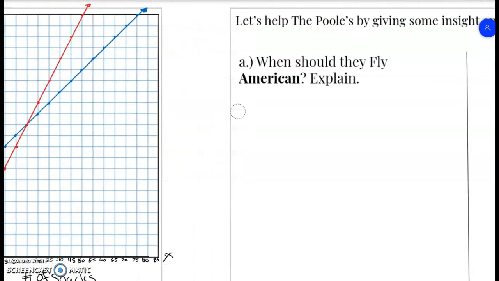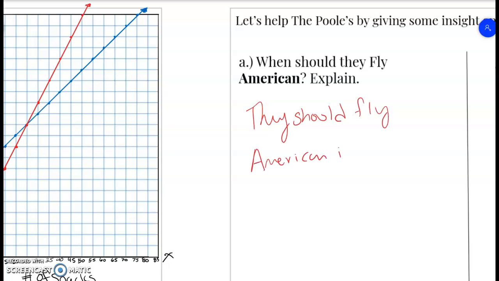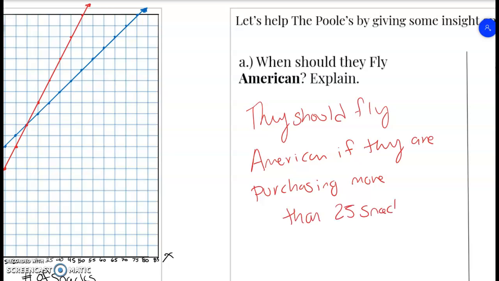So you should say they should fly American if they are purchasing more than 25 snacks, because it'll be cheaper.